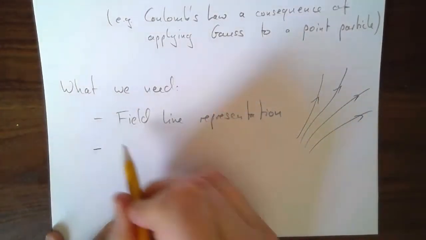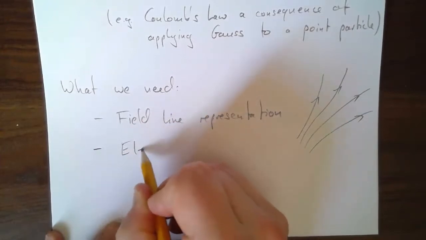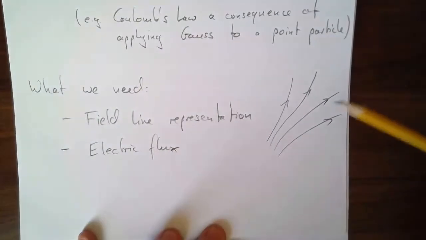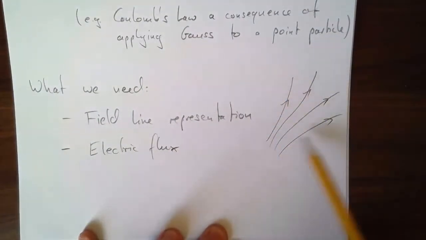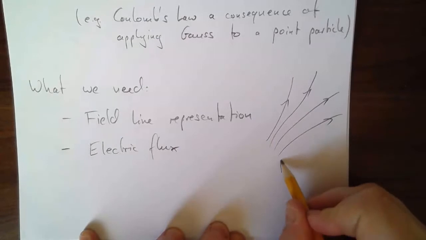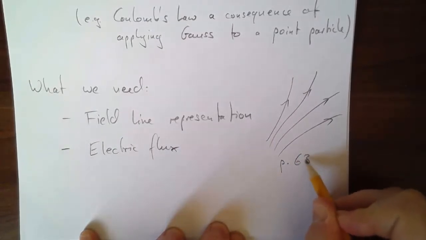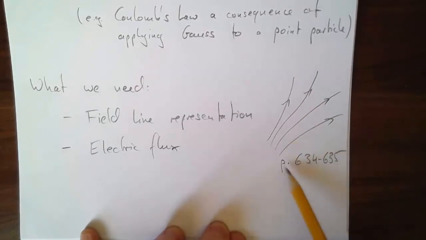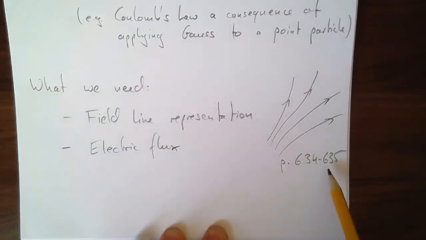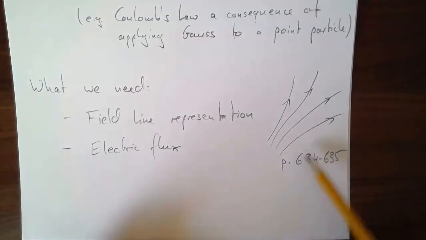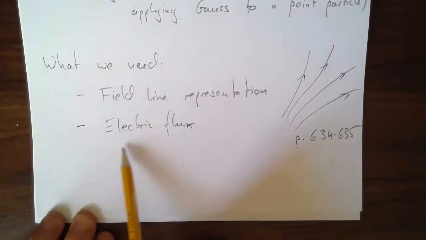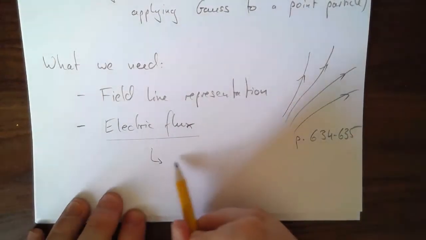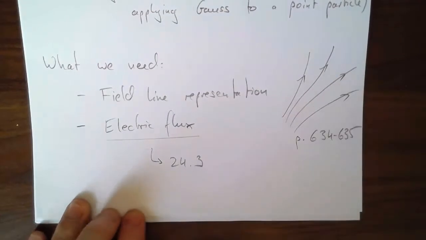The second thing we're going to need is the notion of electric flux. And just to come back to this, if you're unsure about this, the relevant pages in the book are 634 to 635. It's just a quick section, so feel free to just pause the video and read this, or reread this before you continue. That is in section 24.3.